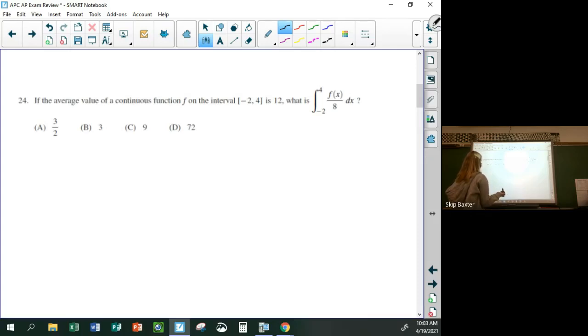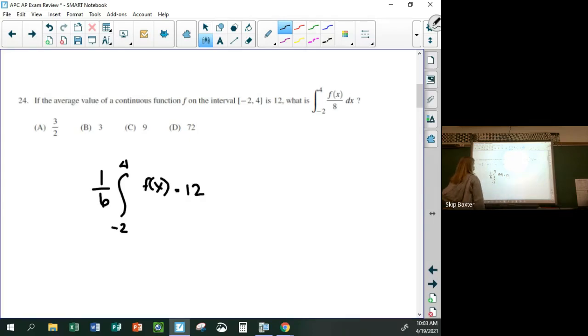Anybody have an idea? She can phone a friend. Yeah, Aiden. The average value formula would be 1/12 times the integral of -2 to 4. 1/6. Yeah, 1/6. So write this down: 1/6 times the integral from -2 to 4 of f of x, and that equals 12.